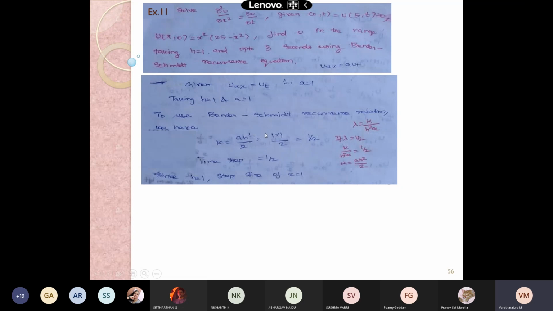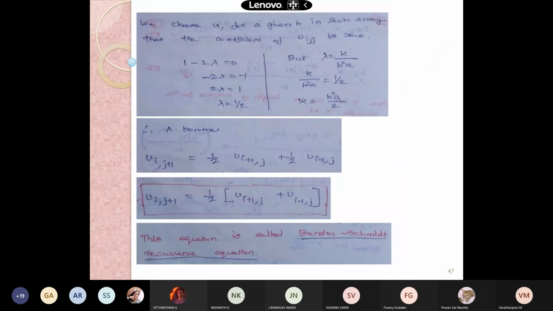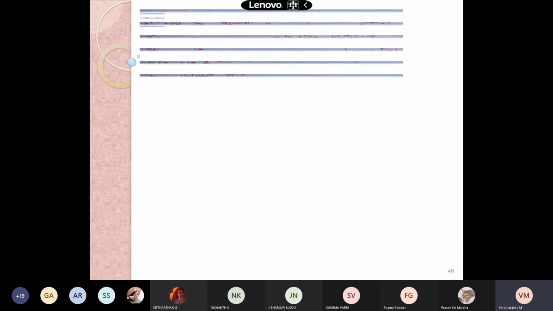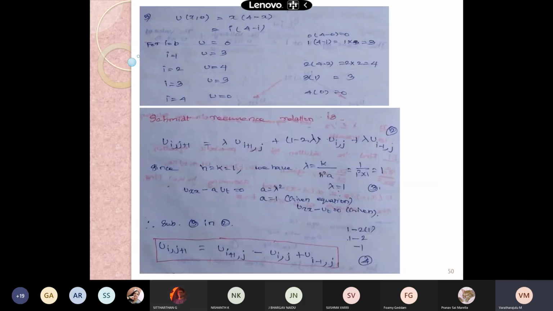When we are going to deal with Bender-Schmidt, what was the thing we discussed in the past relation? In order to use Bender-Schmidt, we should have lambda equal to 1 by 2, right? When lambda is equal to 1 by 2, at that time we can consider the Bender-Schmidt.